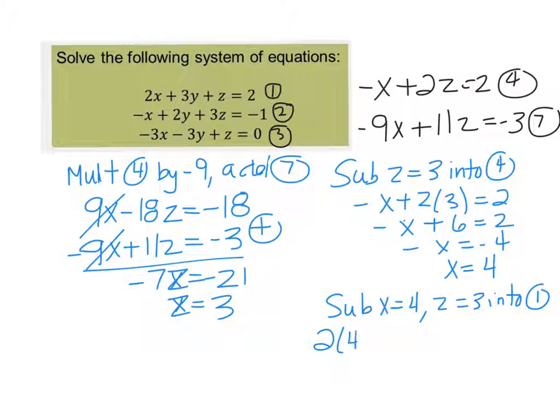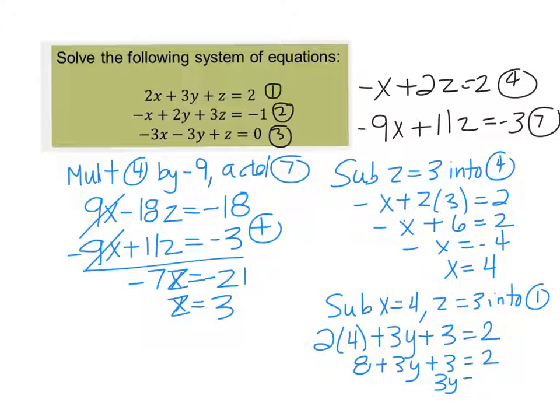So I have 2 times 4 plus 3y plus 3 is equal to 2. So I'll have 8 plus 3y plus 3 is equal to 2. And that'll give me 3y is equal to negative 9, which means that y is equal to negative 3. So that'll give me a solution of 4, negative 3, and 3.